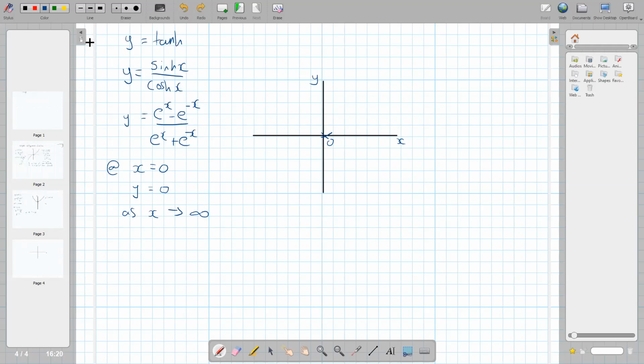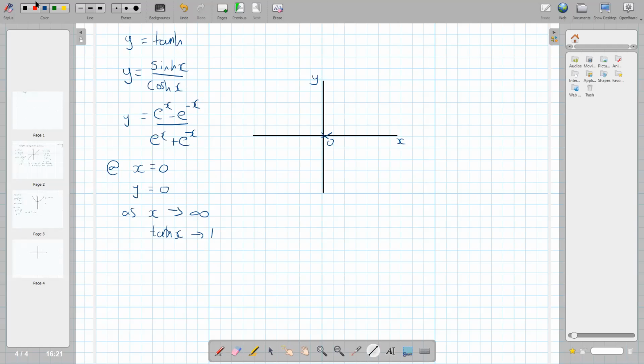This term here is going to tend to 0. This term here is going to tend to 0. So we're going to end up with essentially e to the x over e to the x, which is 1. So we're going to say that as x tends to infinity, the hyperbolic tangent will tend to 1. So we're going to end up with an asymptote now.